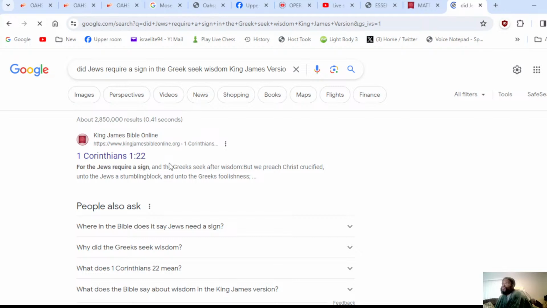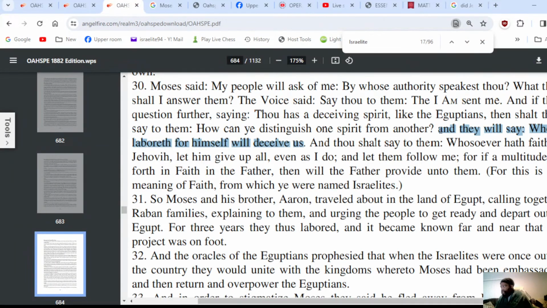It says, but the Jews require a sign for confirmation. Now, it's kind of a fine line here, and I perceive that it's also referring to the faithists. This statement here, and they will say, whoso labors for himself will deceive us, that's a true statement. They're being skeptical. They're trying to test the spirit.